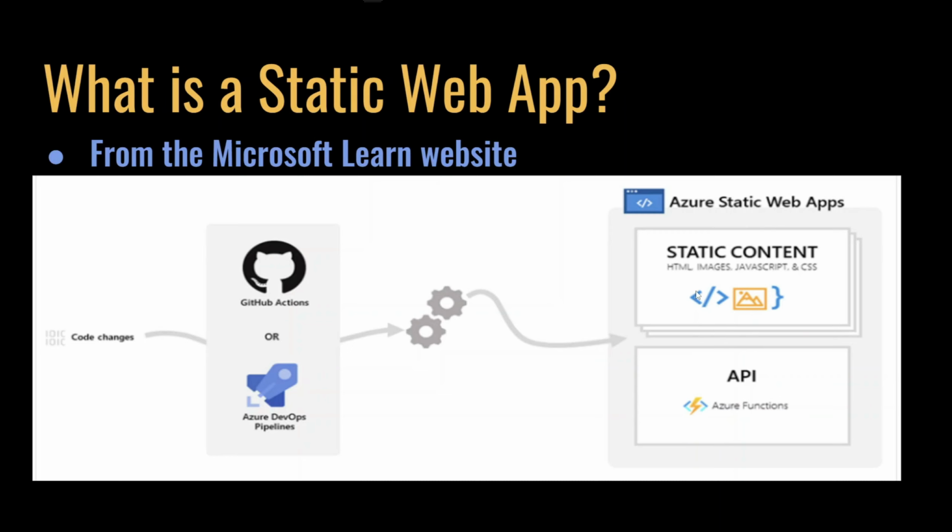You can also see in the Microsoft picture that we can include some sort of API, which isn't part of static web apps, but can communicate with an API, in this case an Azure function, in order to pull additional information. But in essence, it's this flow. So that's basically the flow that Microsoft state that you get with a static web app.